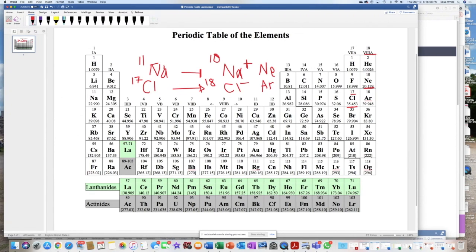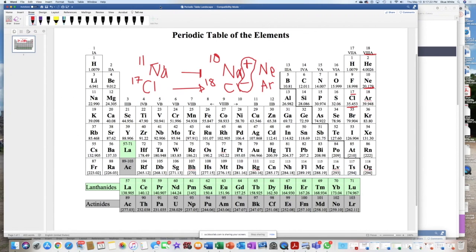Well, if they're stable, why do they form a bond? They form a bond because even though they became stable, look at what they did. They formed charges, and these charges are opposites. So opposites attract. So the reason why they bond is not because they exchange electrons, it's because they formed opposite charges and they can't resist each other.